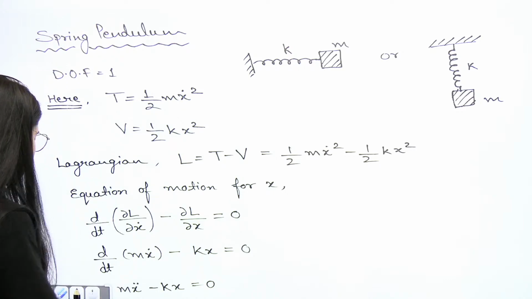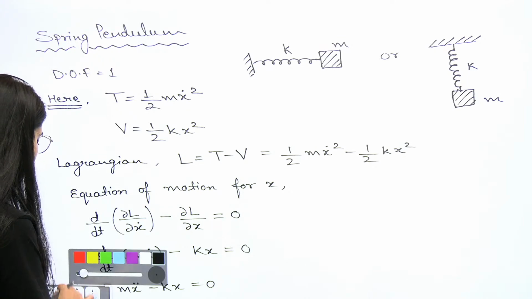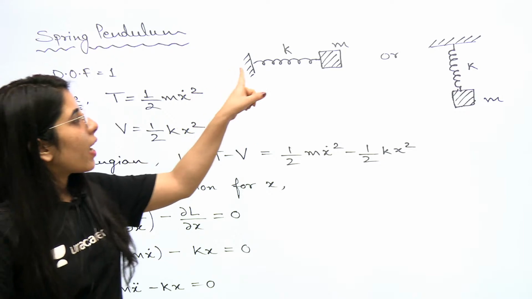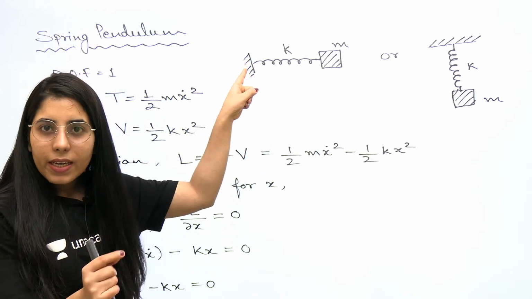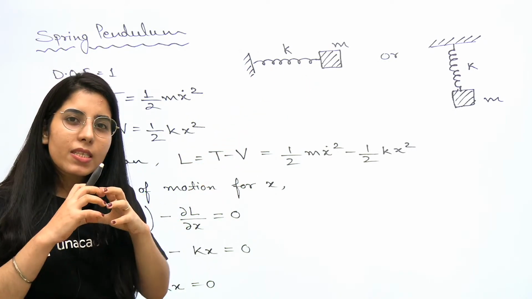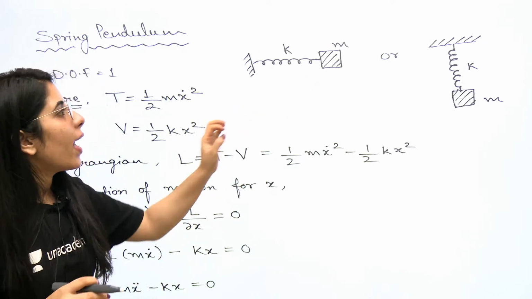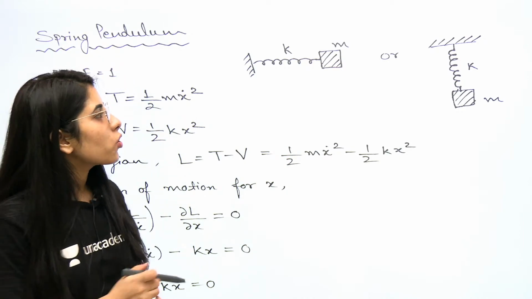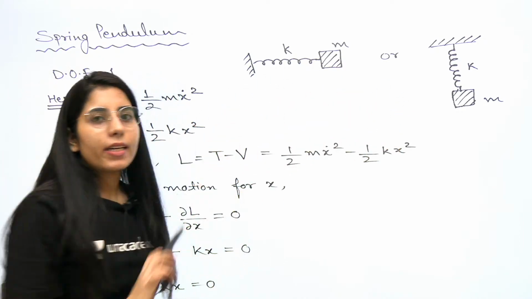If we talk about it, what will happen in this case? In the spring pendulum, the string has been replaced with a spring, which means its length can vary, and a block of mass m has been connected here. It can be shown like this or like this.